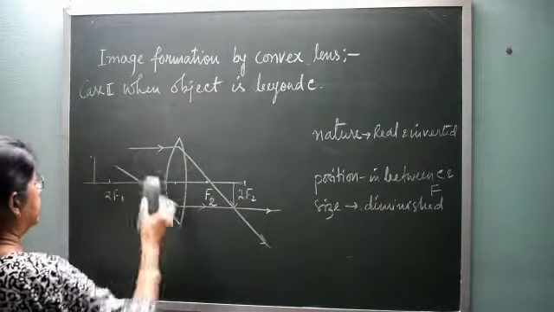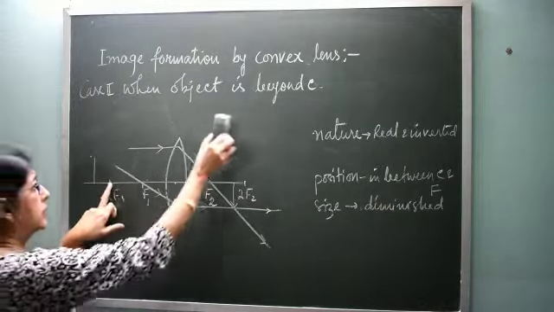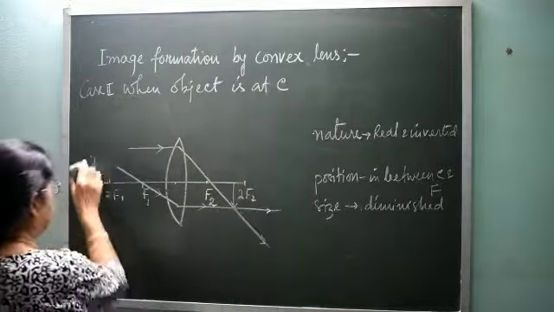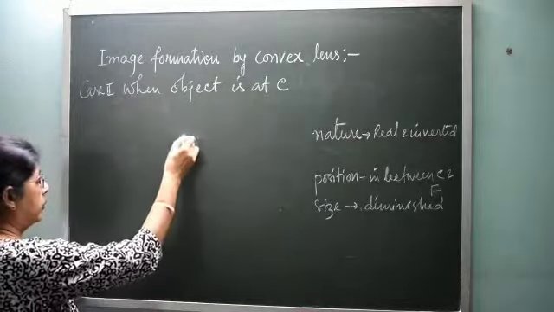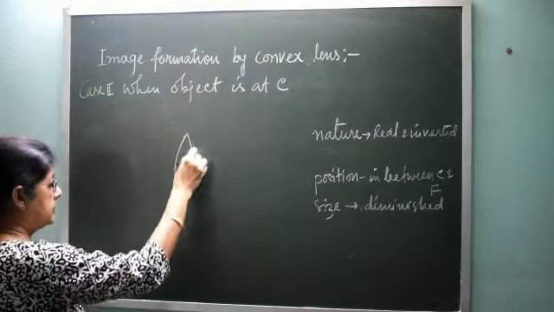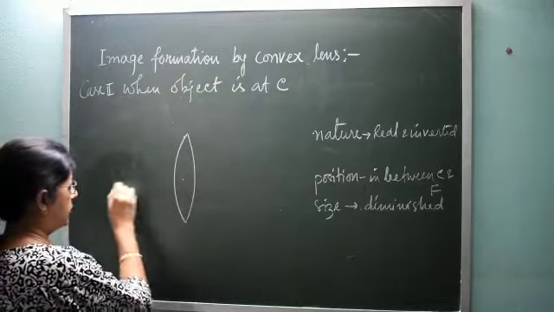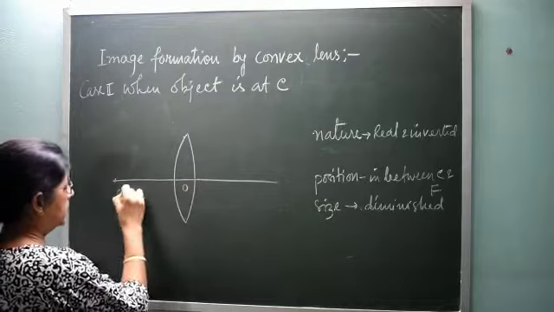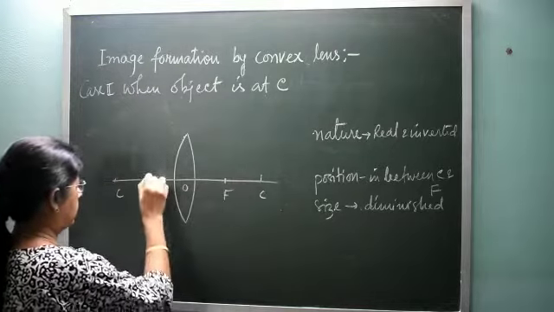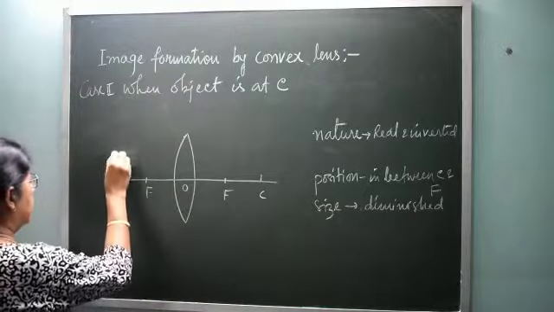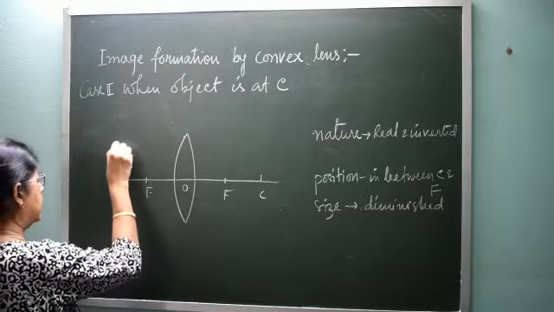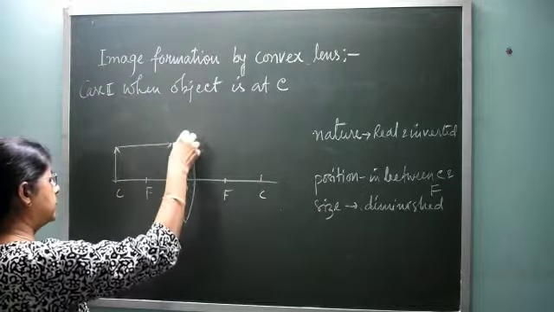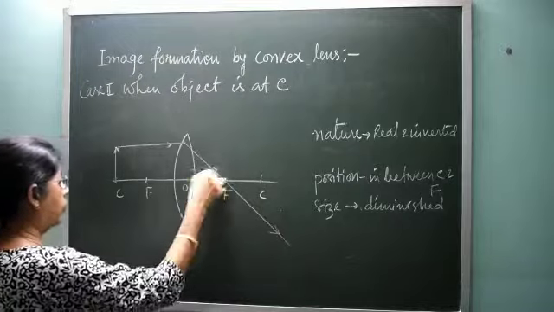Next, we are going to do the case when the object is at C. For that, again we draw a lens. Midpoint is optical center. This is principal axis. When the object is at C, one ray coming parallel to the principal axis after refraction passes through focus.